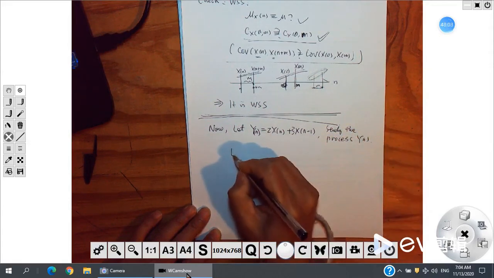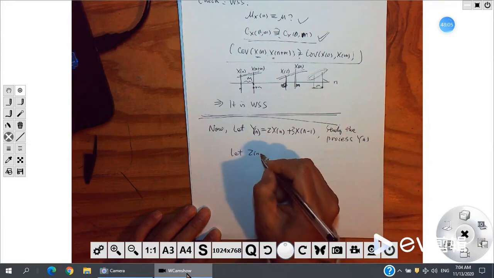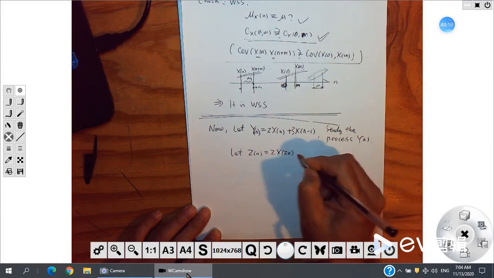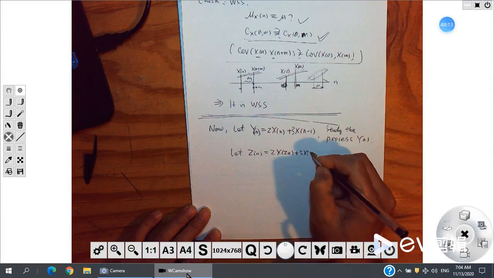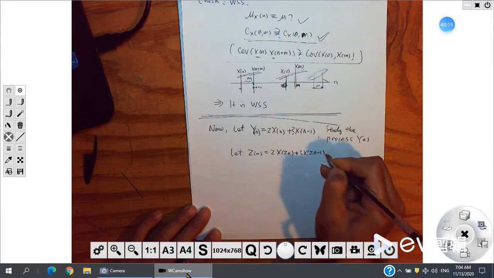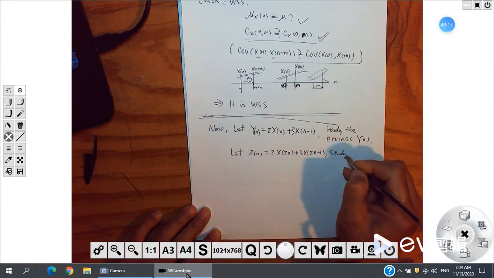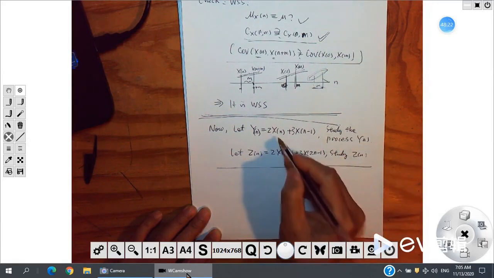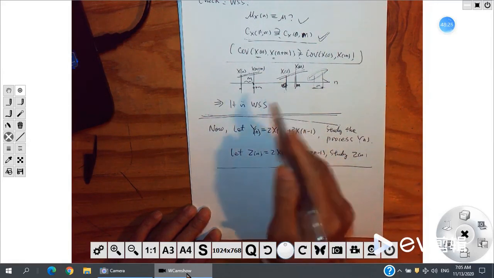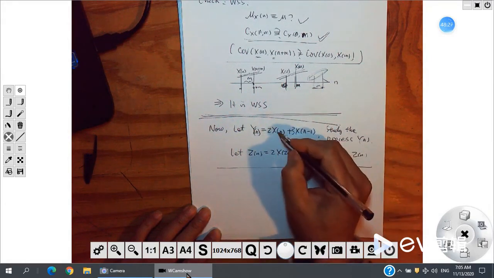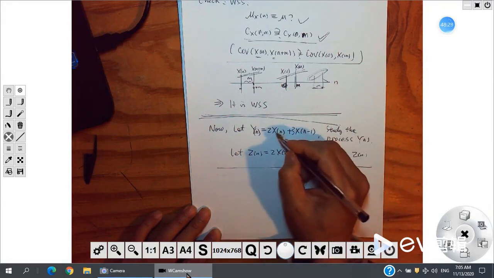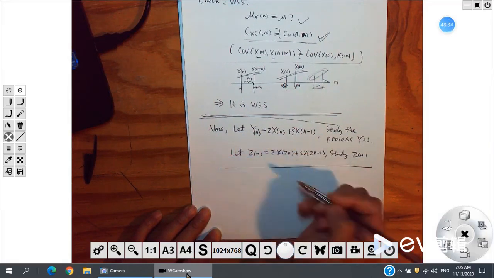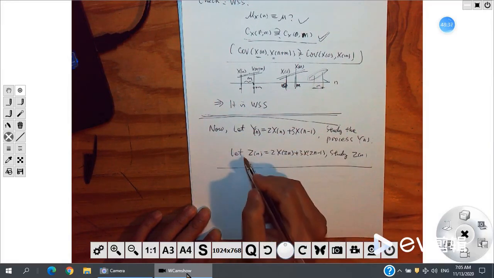And let z of n equal 2 times x of 2n plus 3 times x of 2n minus 1, and study the process z of n. Okay, last time we studied these two. x of n has the same distribution, it is IID Gaussian. Then we want to study these two different processes. Alright, this is what we will do next time.